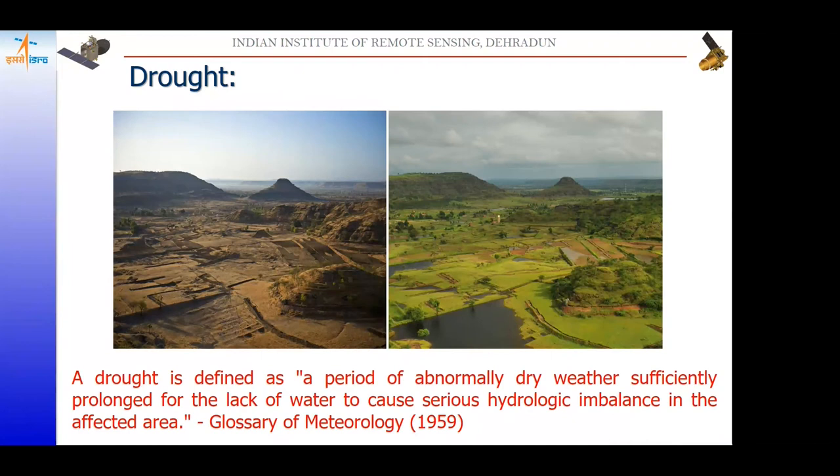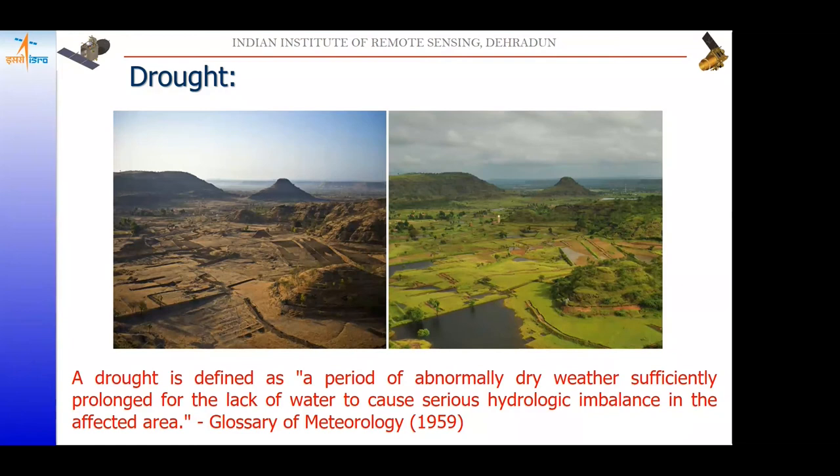Then there is the lack of water causing serious hydrological imbalance. If a defined number of dry spell conditions exist in any location, the same condition may not affect the hydrological condition of that particular area. So we also cannot say it is a long-term drought situation, or a periodical drought situation, over the particular region.